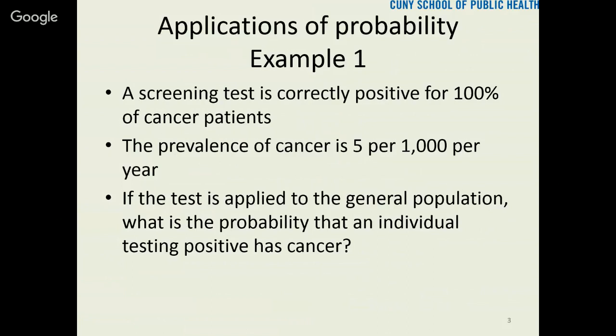So that's interesting. You're saying that if you tested positive by this test, you would figure that you have a 5 in 1,000 chance of having cancer, the same as you had before you took the test. No, that's not exactly what I'm trying to say. I'll just say that that's possible because I didn't say anything about how it performs on the rest of those people without cancer. Yeah?